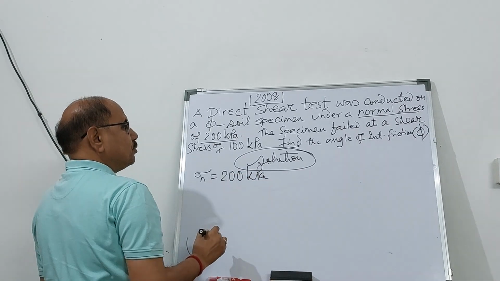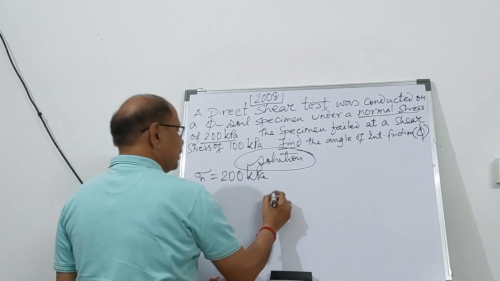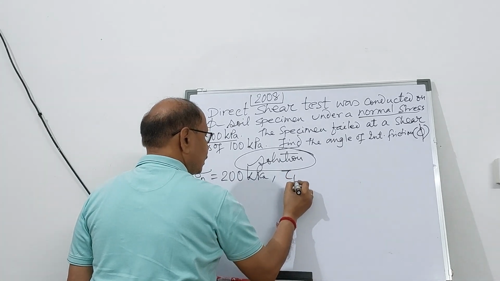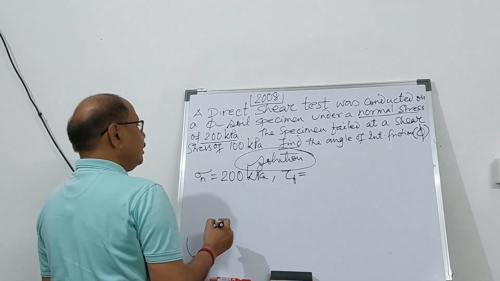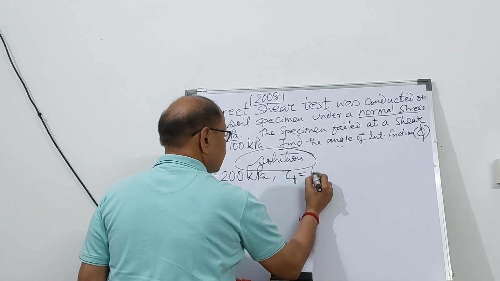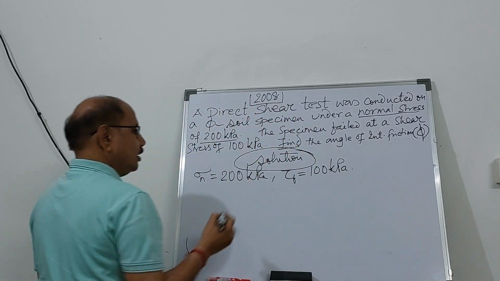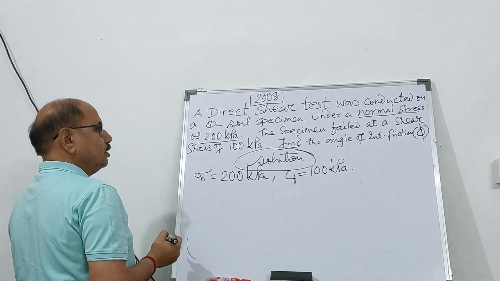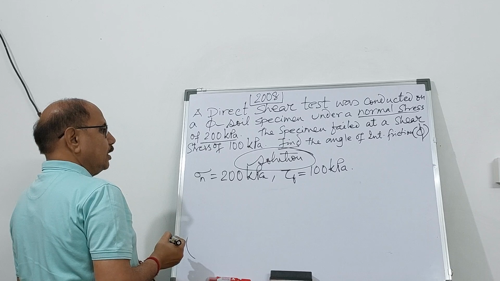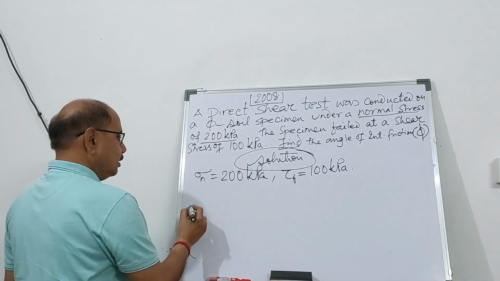The specimen failed at a shear stress. So tau at failure, shear stress at failure, is 100 kilopascal.